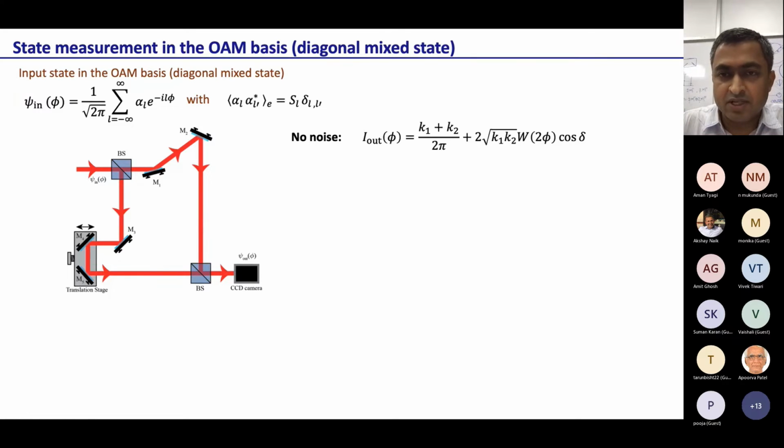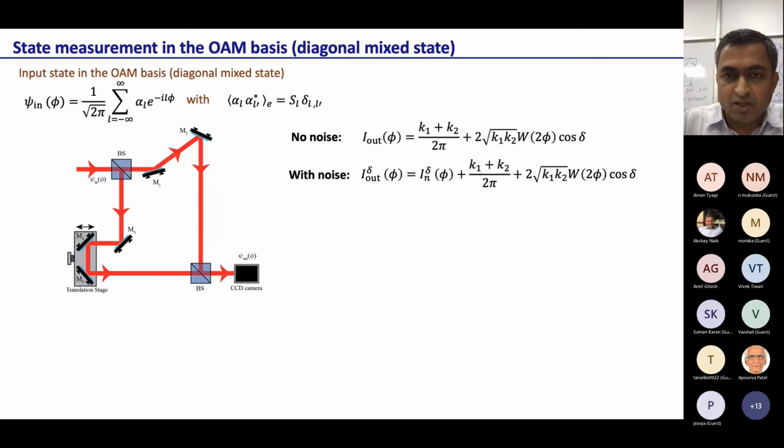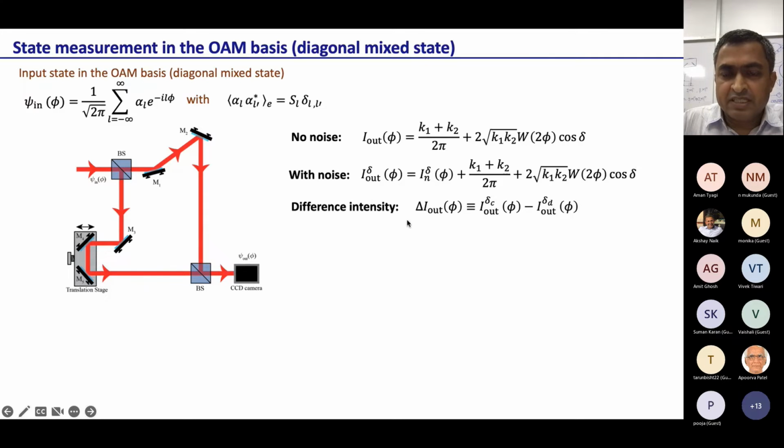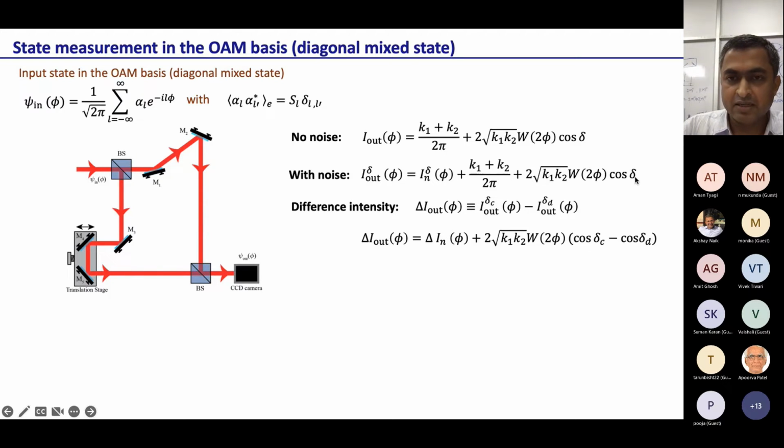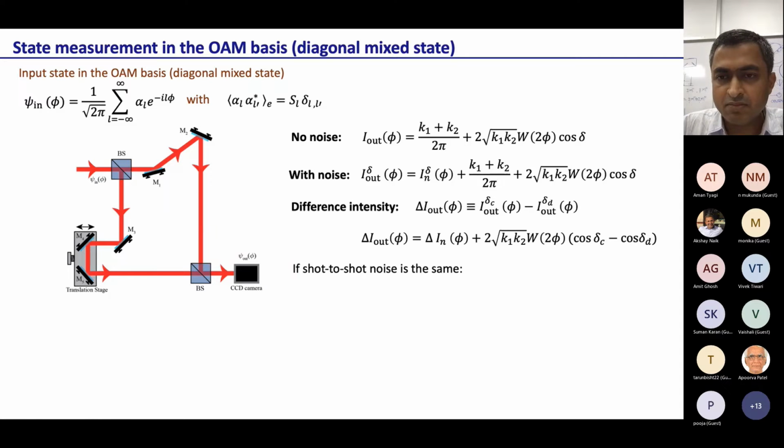Now if we do include the noise, let's just add some background noise. With that, we do a difference intensity measurement. That means for this cosine delta, we do the intensity measurement at two different deltas. If delta is, let's say, any value delta C, delta D, then this difference comes out to be this, where this delta N is the difference in the noise in the two measurements.